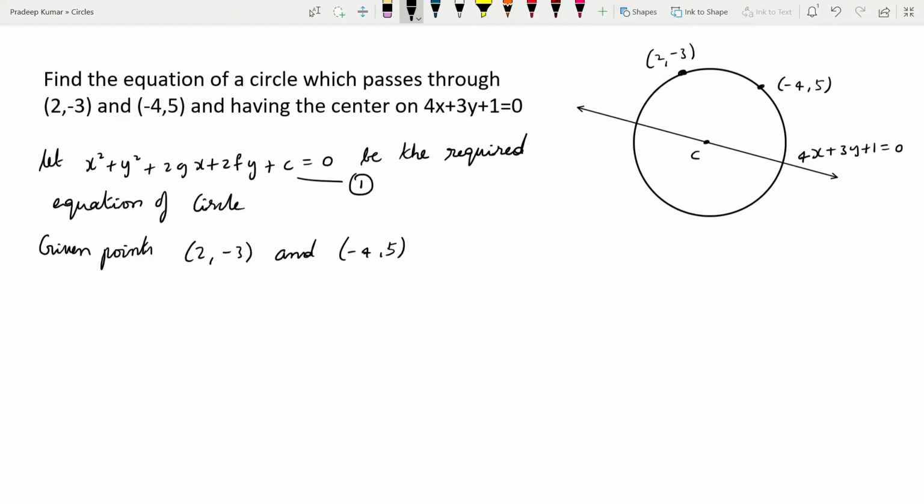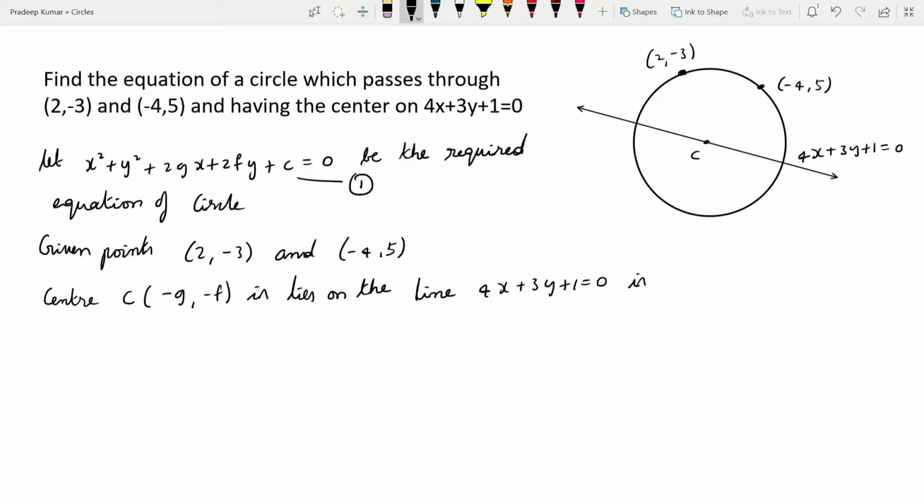Whereas if we say center, that is C, which is (-g, -f). This lies on this particular line 4x + 3y + 1 = 0. So I can write the center C (-g, -f) lies on the line 4x + 3y + 1 = 0.